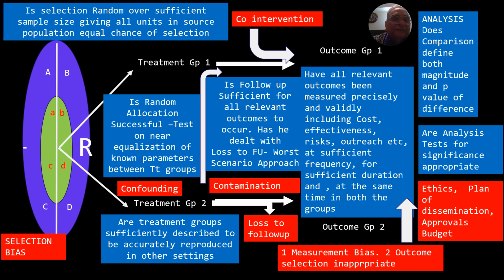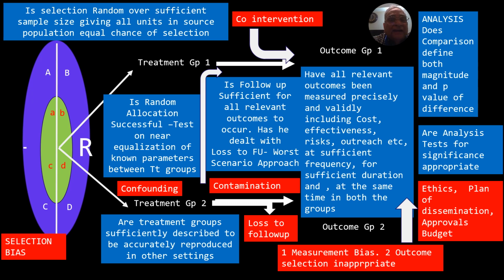So after this, if you randomly allocate to treatment A and treatment B, then this random allocation will render this group and this group equal on all other factors which can explain the results except the treatment type. Therefore, this will take care of confounding.